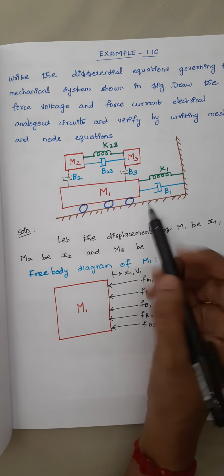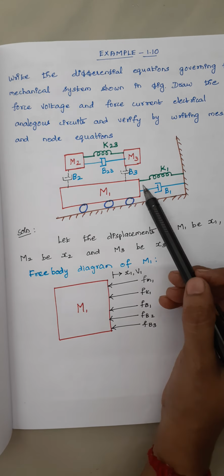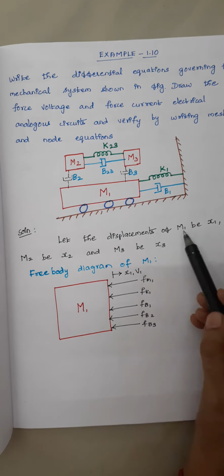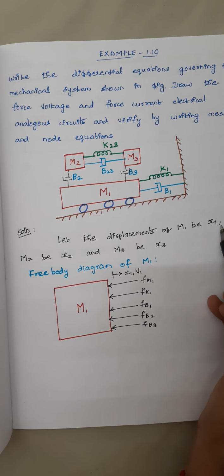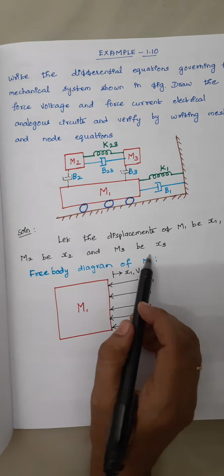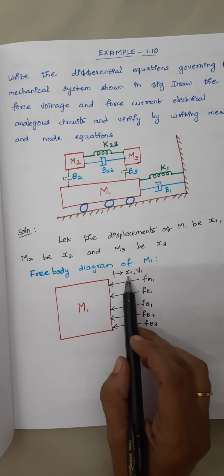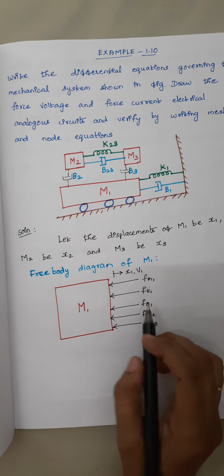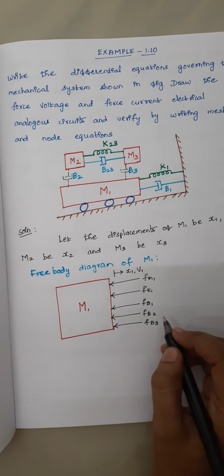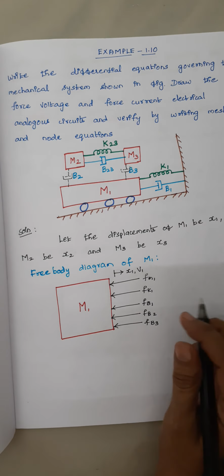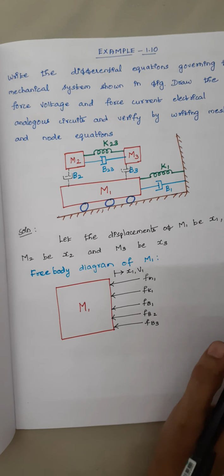Right. So in the problem no displacement is given. So we are considering the displacement of M1 to be x1, M2 to be x2 and M3 to be x3. The respective displacement of M1 is x1 and its velocity will be v1, right? So again by Newton's second law, we have to write applied force is equal to opposing force.